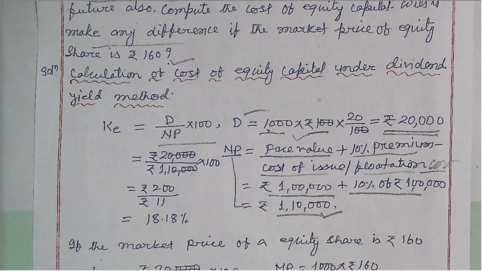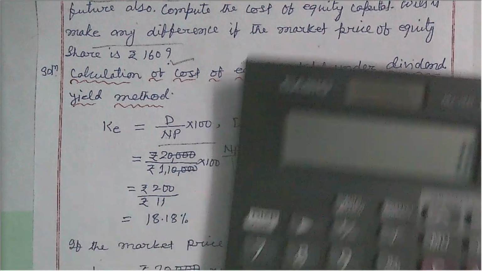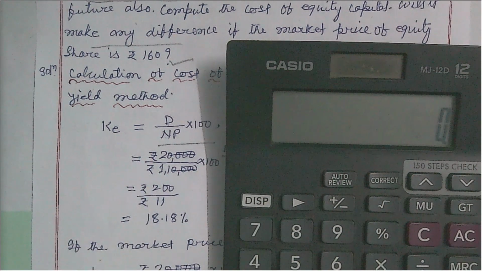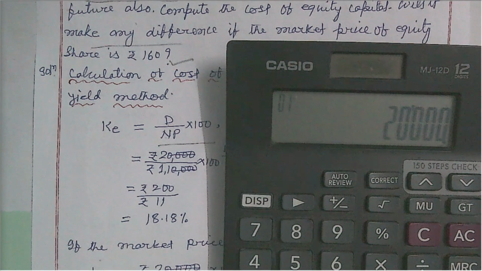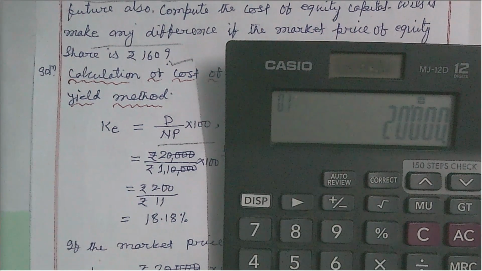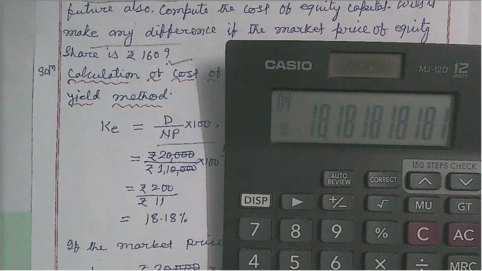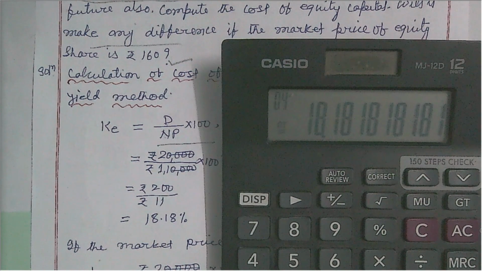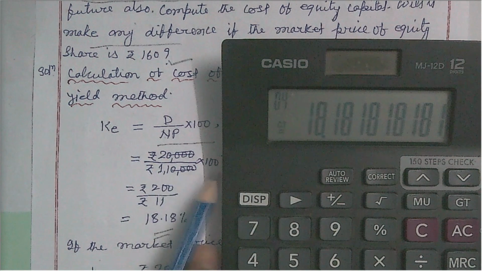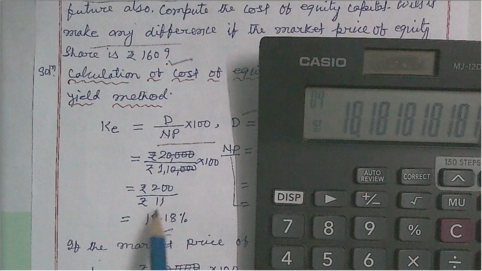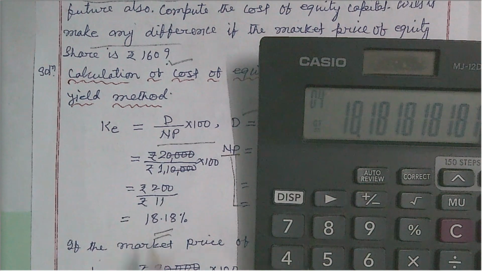So here you see this on equity calculations. By reducing the value to the lowest term, you cancel the zeros, and 200 divided by 11, directly you will get 18.18%.